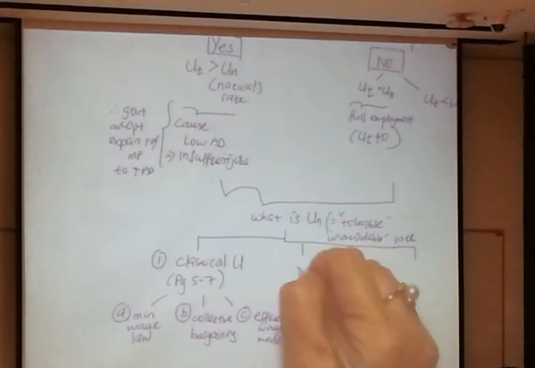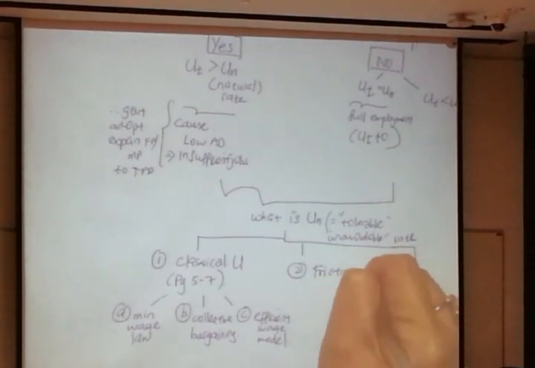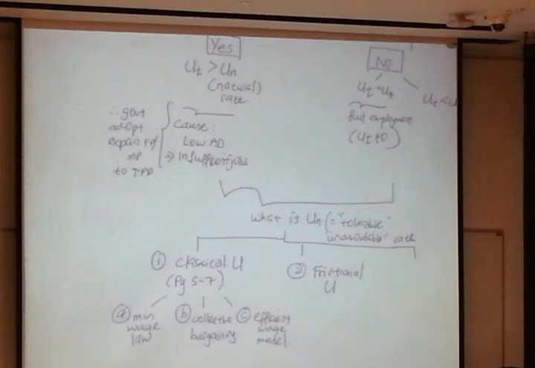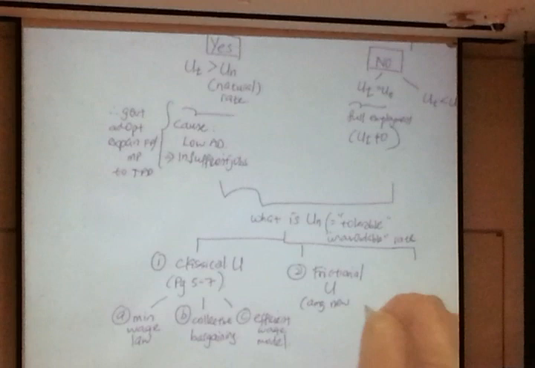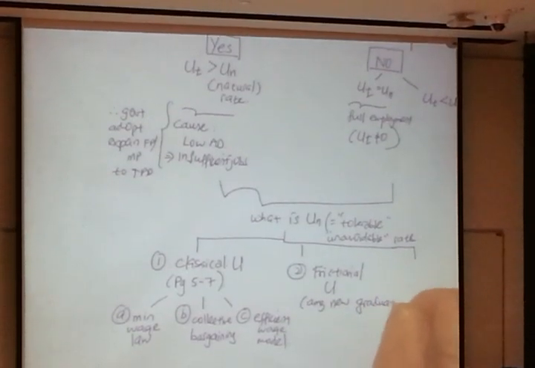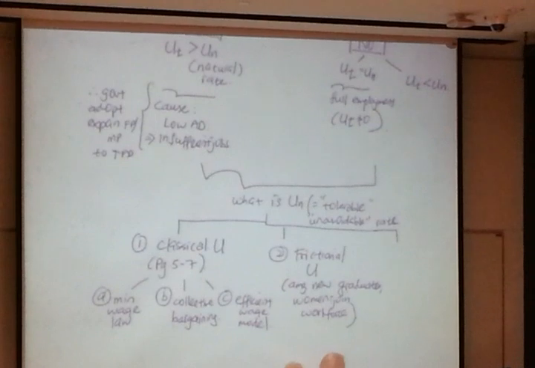The second type, which you have heard about before, is frictional unemployment. It is very common among new graduates, and women joining the workforce, such as housewives who decide to join the workforce.